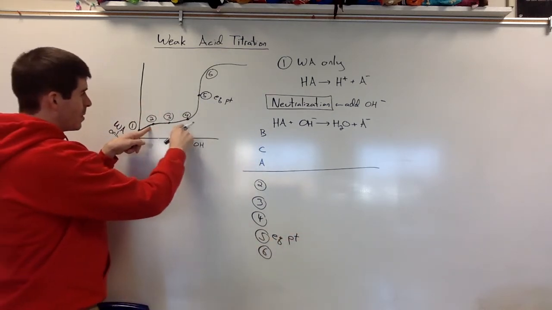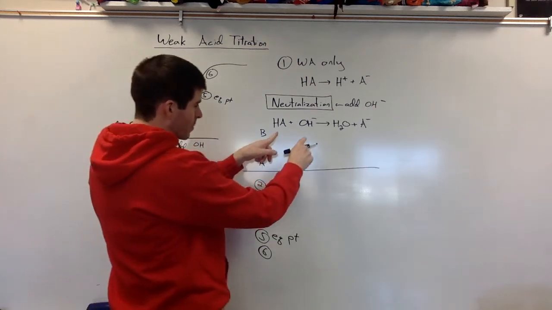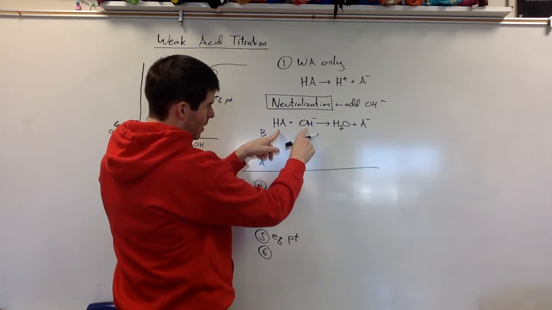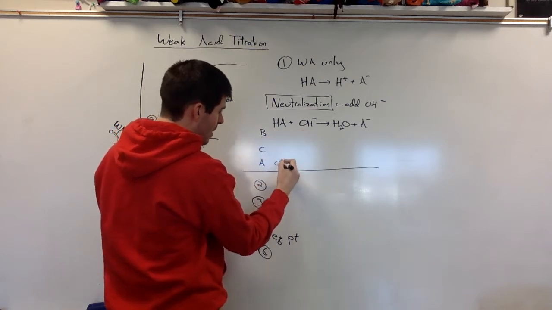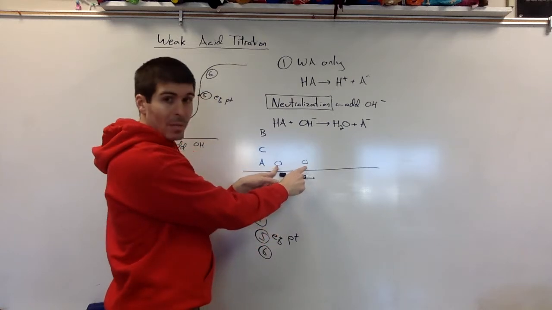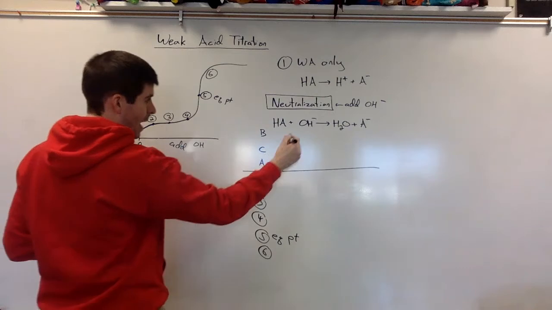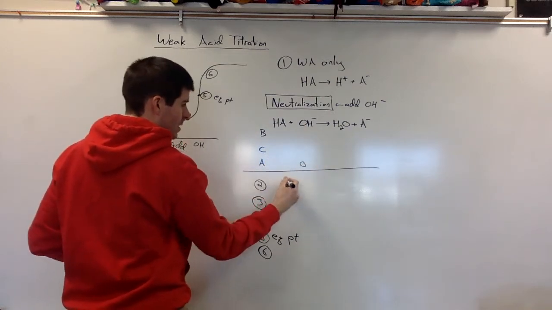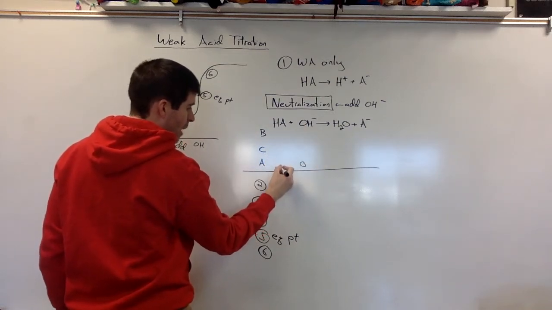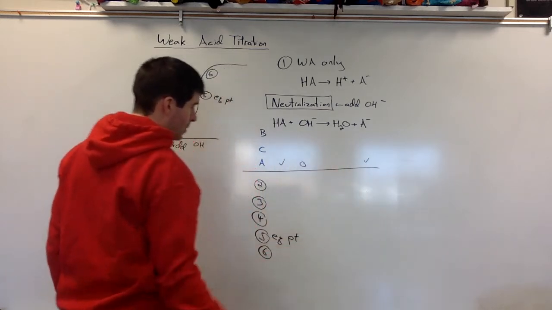We've got a lot of similarities in this region here. Now the equivalence point is when, at the end, my acid and my hydroxide are going to be equal. They're both going to be 0, actually. So everything before that, my hydroxide is the limiting reactant, and we have HA and A- in the solution.